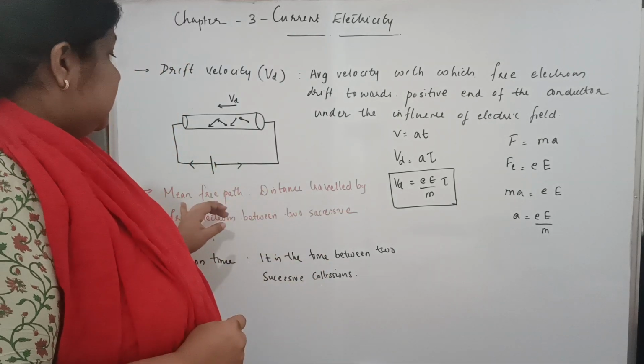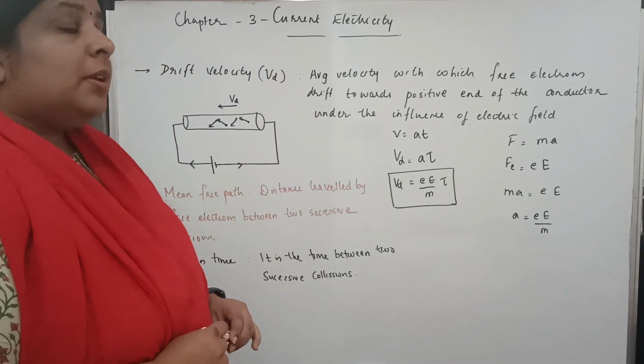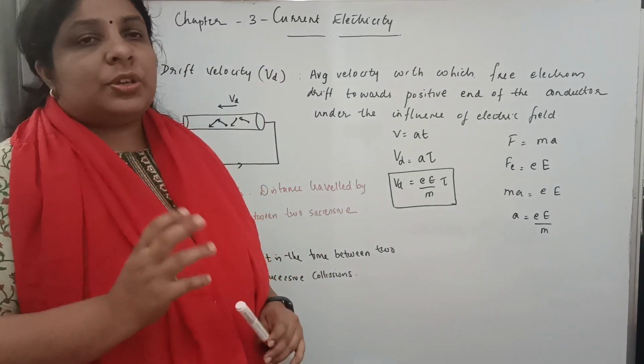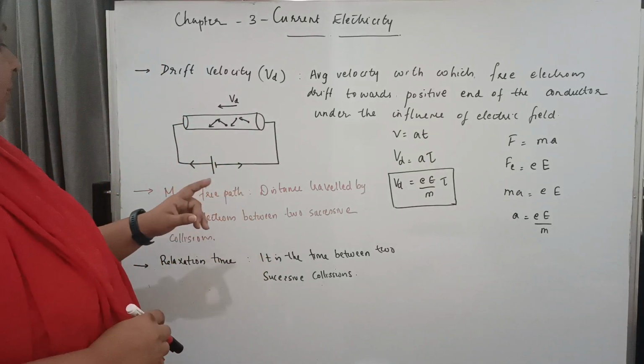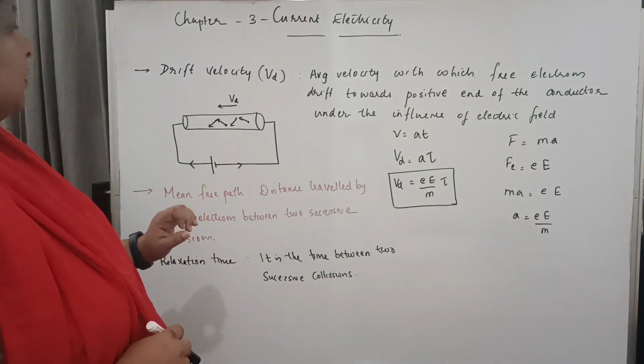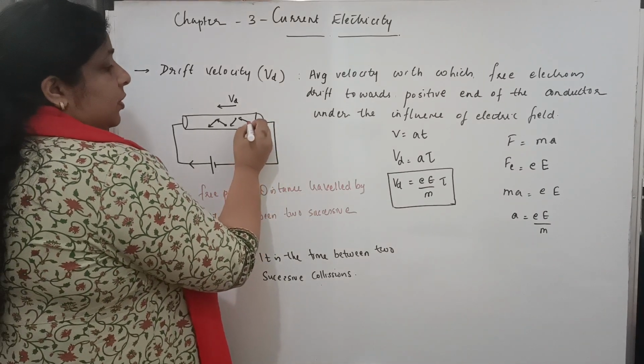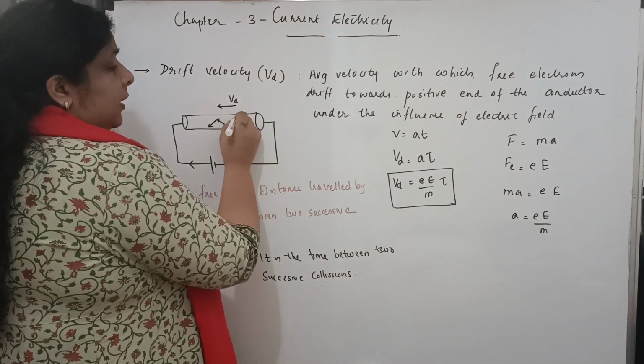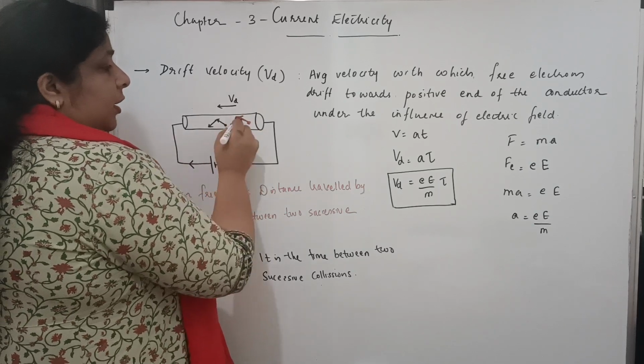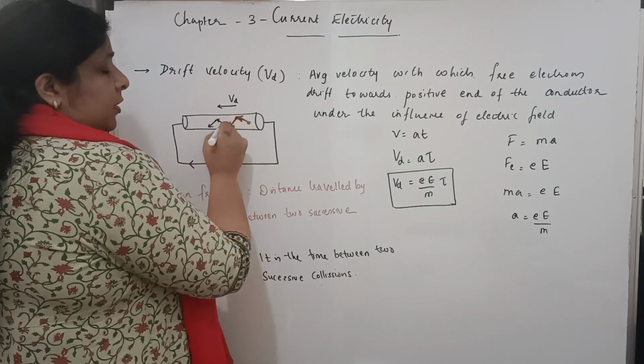Now the next point is mean free path. Mean free path is the distance traveled by free electrons between two successive collisions. See, here one electron is moving and it will hit an electron here, so that electron will get drifted like this.